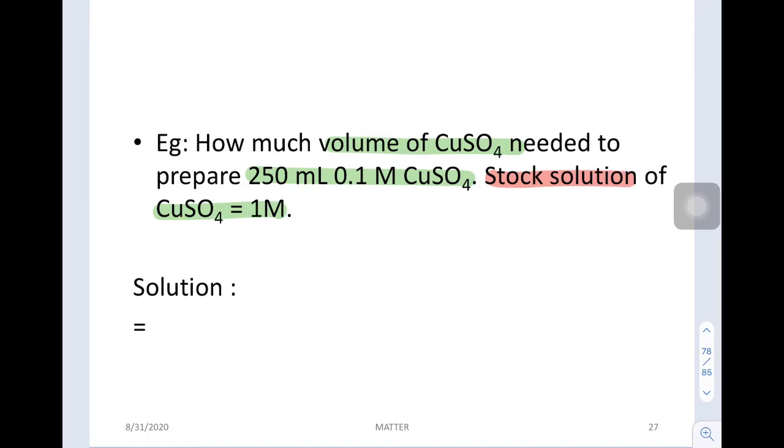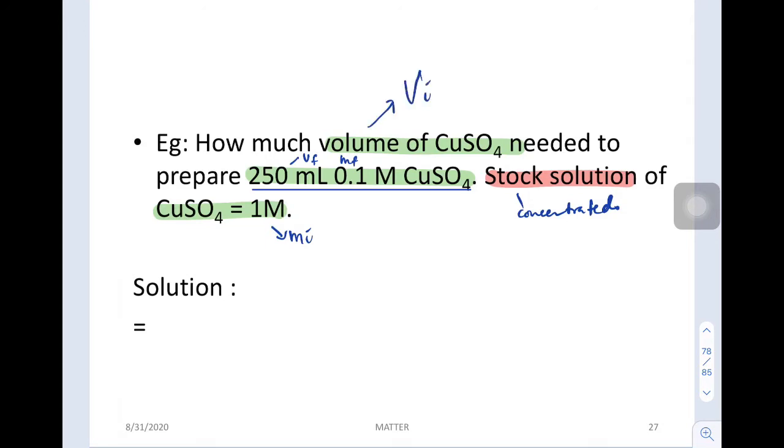Stock means concentrate. 250 ml and 0.1 molar, this is V final, this is M final. This is what we want to produce, and then 1 molar is M initial. So what the question wants is V initial.